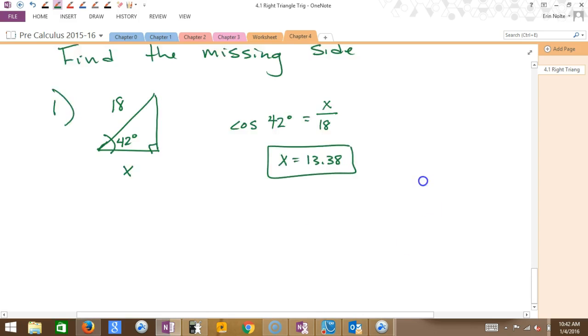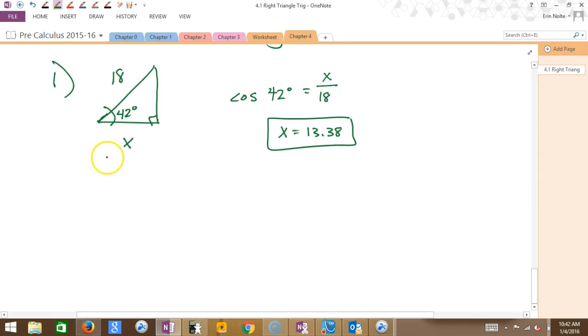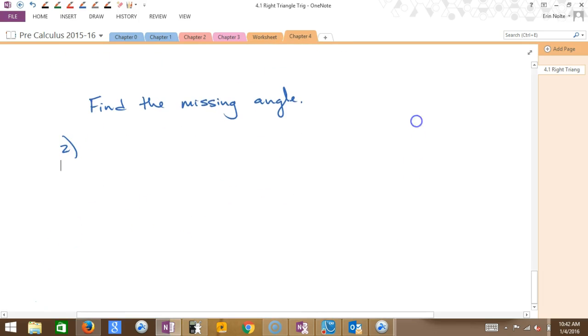Let's do one with the missing angle. So let's say there is our missing angle.